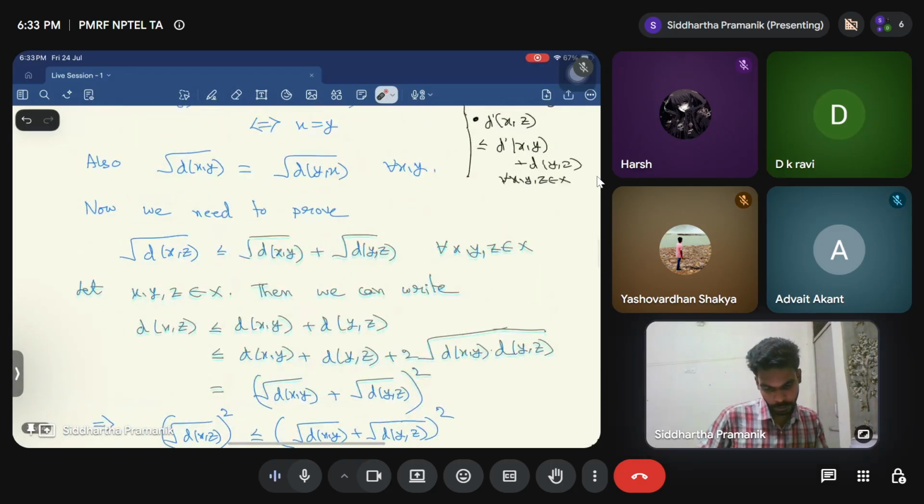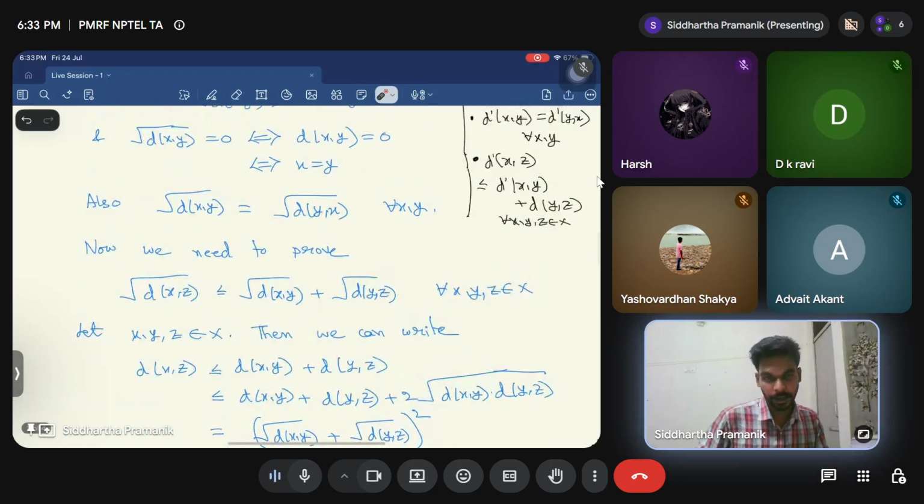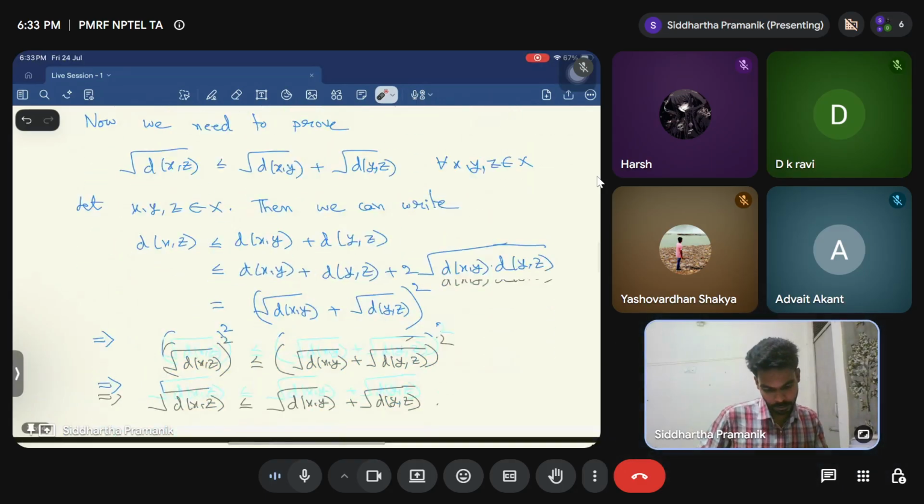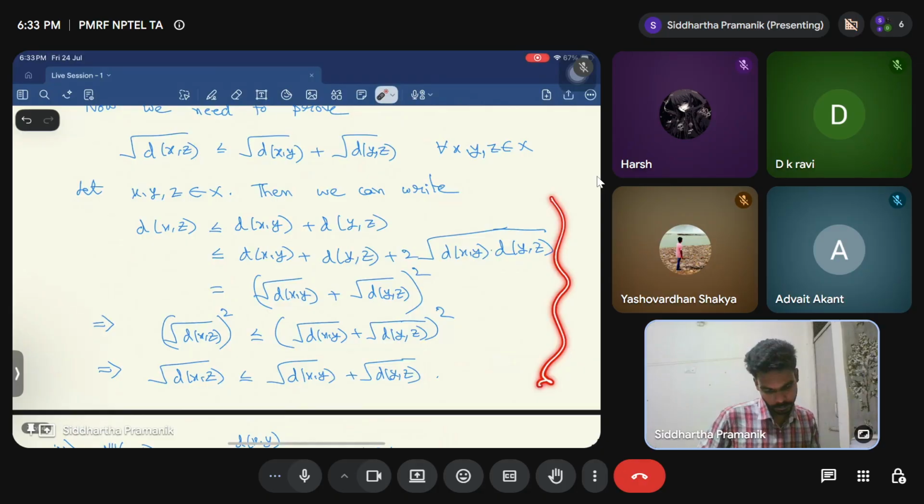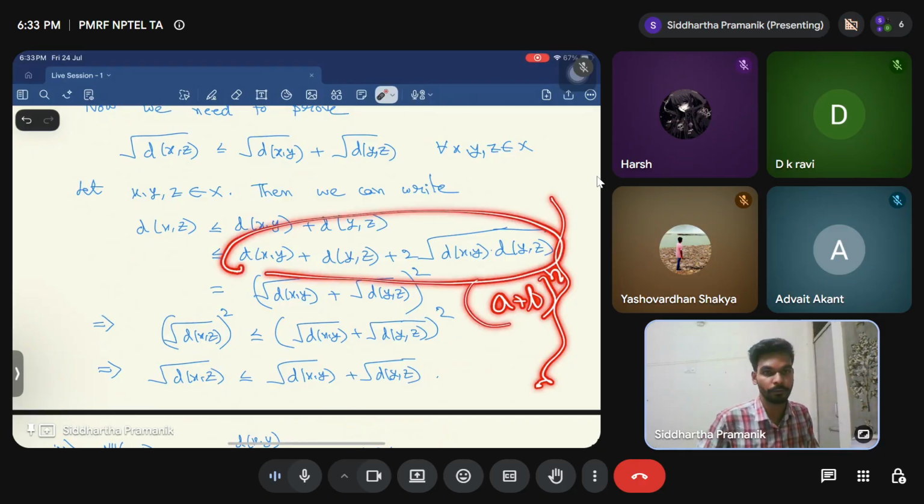I think the only problematic part is the triangle inequality. Whatever we have done here, I think it will form a metric. So you just try to prove the same thing using the binomial formula a plus b power n. Here we have used the a plus b whole square formula.